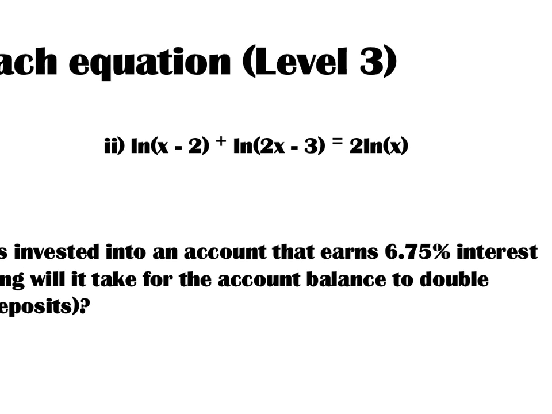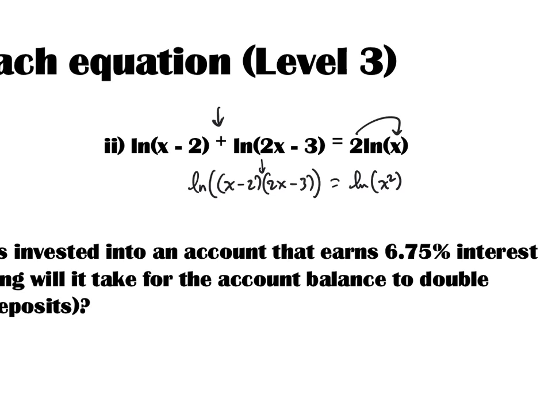Okay, number 2. If you look at this equation here, I see all natural logs. Now, what I want to do is condense both sides to the best of my ability. Since I see a sum of 2 logs of the same base, I'm going to condense that. So that would be ln of x minus 2 times 2x minus 3. Remember, sum means multiplication. On the right side, I'm going to condense by bringing this 2 up as an exponent, so it would be the natural log of x squared.